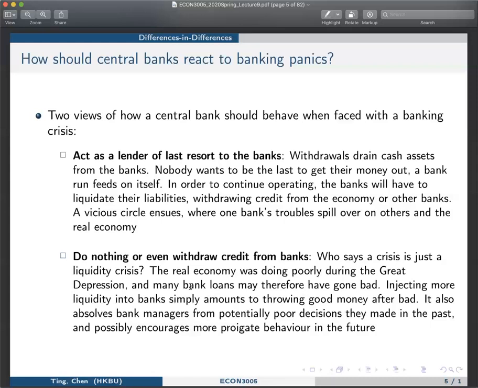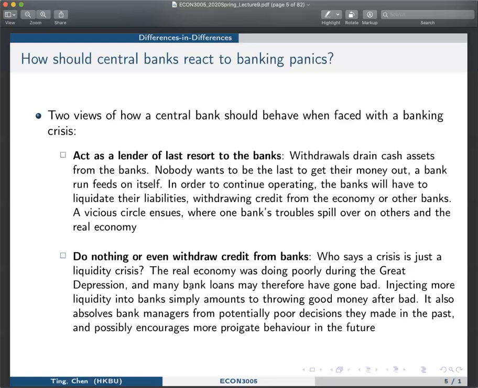They will keep pouring this money into those bad, inefficient investments, those bad firms. It also absolves bank managers from the potentially poor decisions they made in the past.